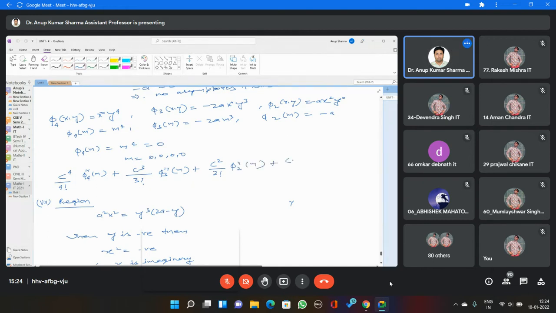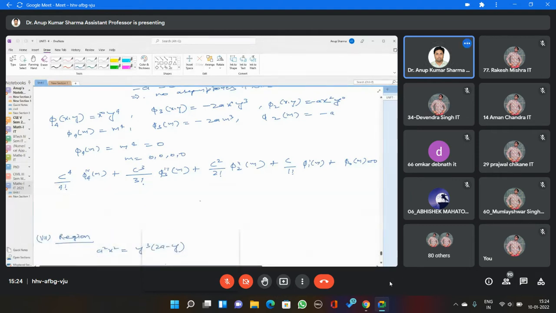Next is c upon factorial 1 phi 1 dash m, and the last one is phi naught m is equal to 0. Using this expression, for m is equal to 0 only, we need to find the 4 values of c.